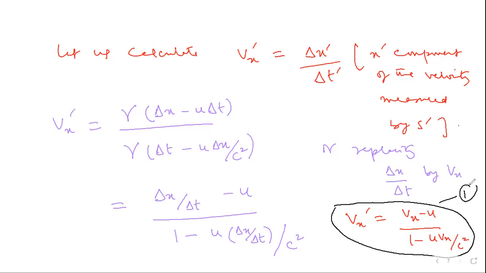We name it first. What is Vx prime? It's x prime component of the velocity of the particle observed by S prime observer. Vx is the x component of the velocity of the same particle as measured by observer S. U is the relative velocity of the two observers. C is the speed of light, right?